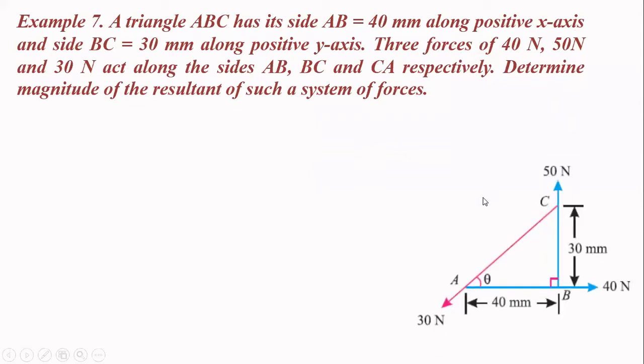If you see this figure, there is a 40 Newton force along AB, a 50 Newton force along BC, and a 30 Newton force along CA, and AB is 40 millimeter and BC is 30 millimeter. For such a triangle, we have to find the resultant of these three forces acting over it.